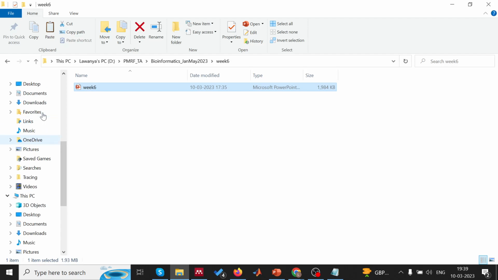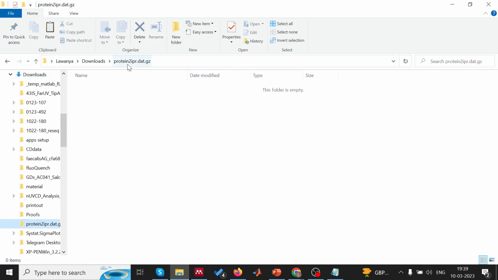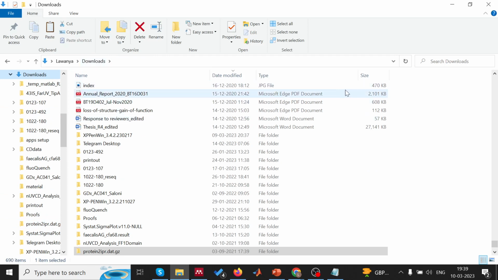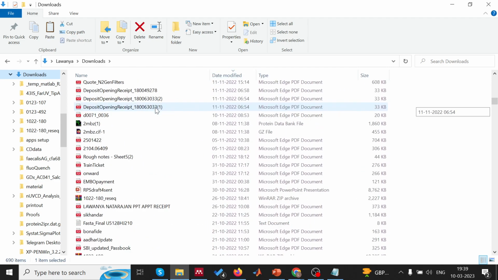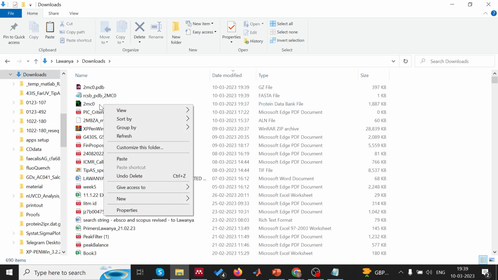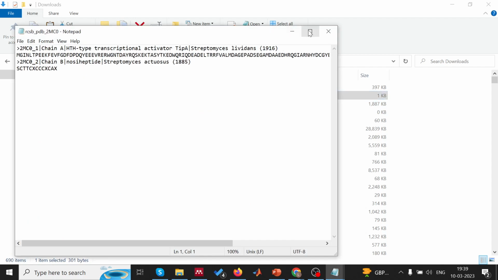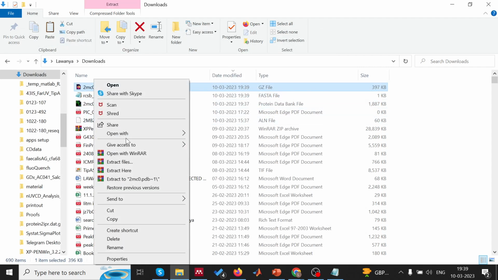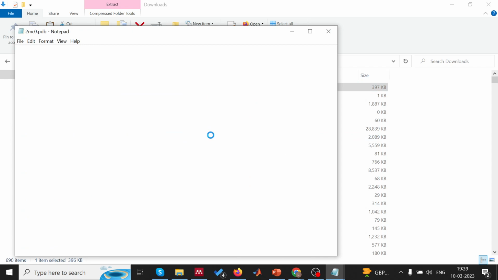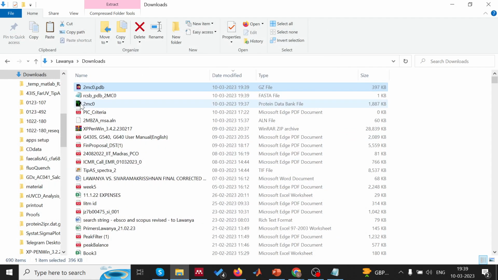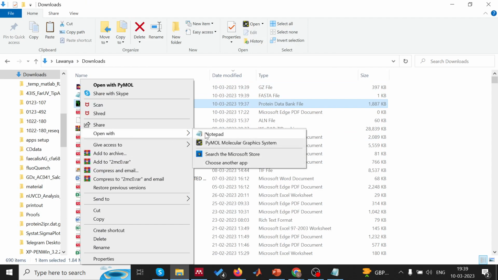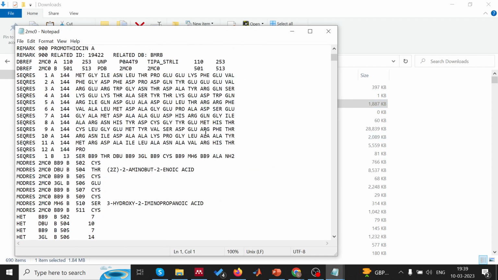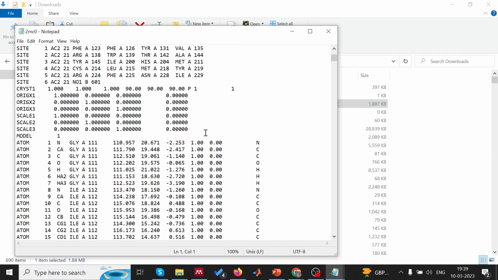So if you look into the downloads, you know where you get the temperature factor.